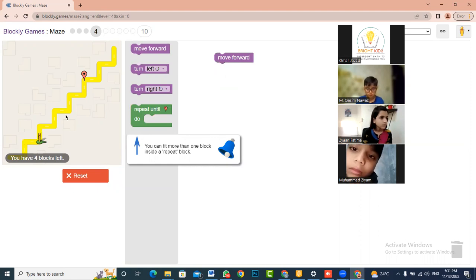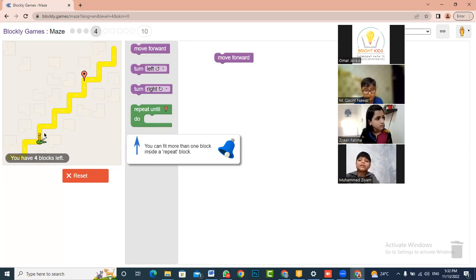After that, it needs to take a turn. In which direction does it have to turn, Qasim? In which direction should this character turn now? Right or left? My question is from Qasim. Ziam is also answering that, but my question is from Qasim. Where should it turn?